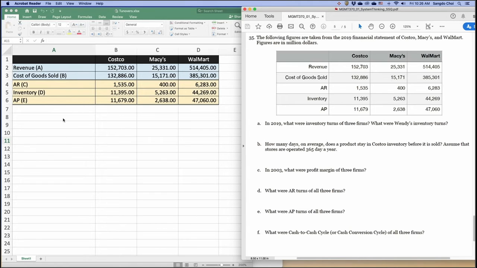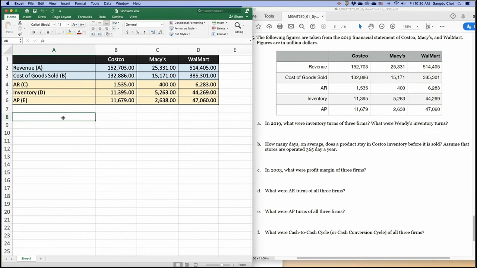If you are ready for this problem, first of all, I add a label for each category: Revenue A, cost of goods sold B, AR C, inventory D, AP E. Then I just use these labels in our formulas. First of all, we have to compute the gross profit.